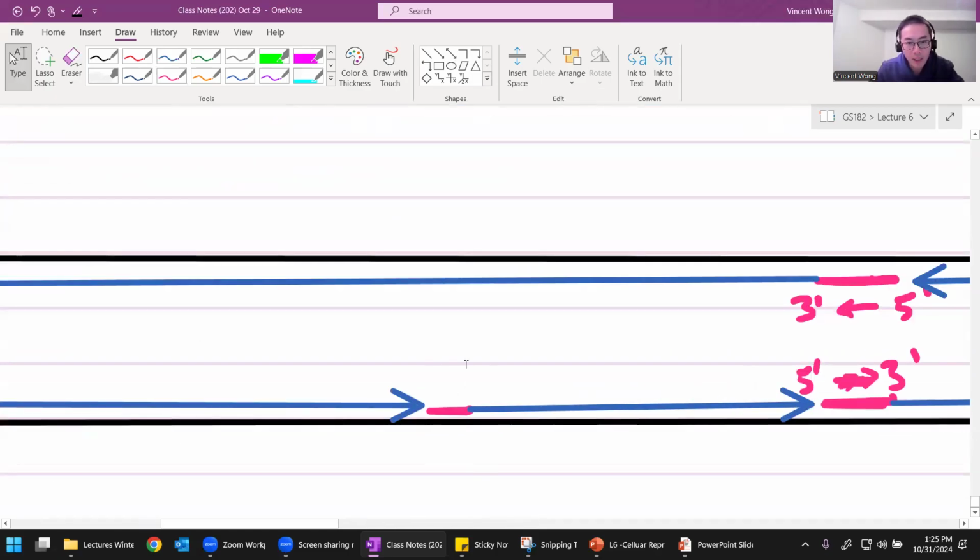This primer, which is made of RNA, is going to be replaced by DNA because polymerase 3 is going to come and then it's going to fall off and number 1's going to get on and then it's going to replace the primer, right? Same thing, this is going to get replaced. Number 3 falls off, number 1 gets on, replaces the primer.